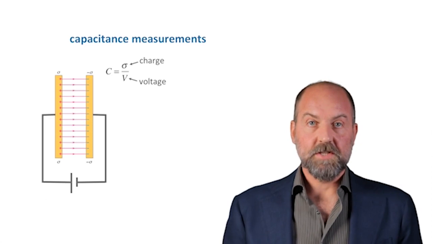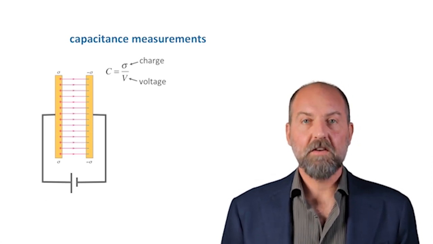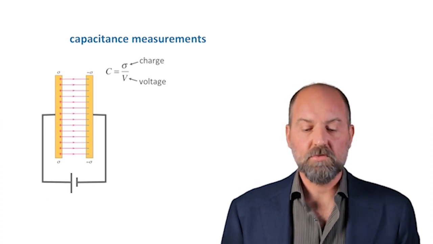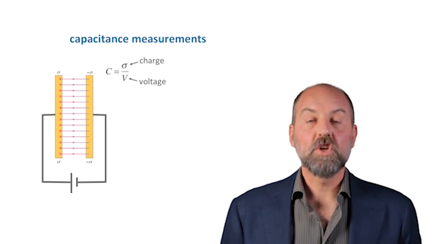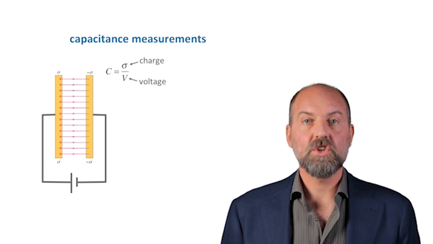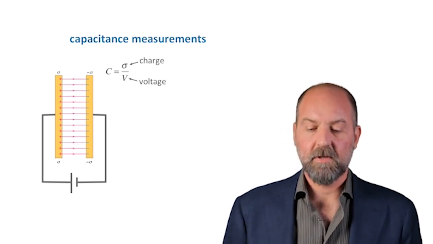So here we consider, for example, two plate electrodes with a voltage difference in between, and we observe some charge accumulated at the electrodes. The ratio between charge and voltage is what defines the capacitance of the system.